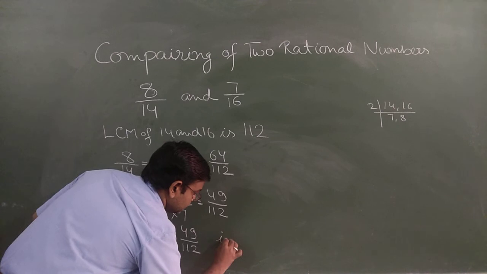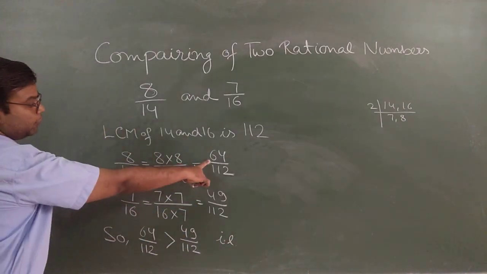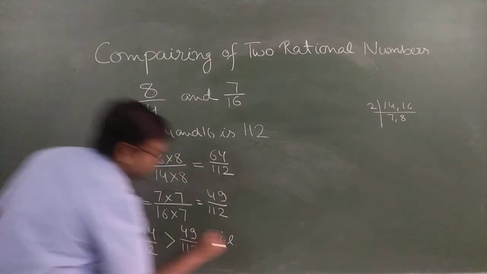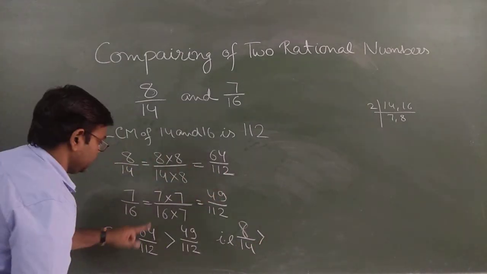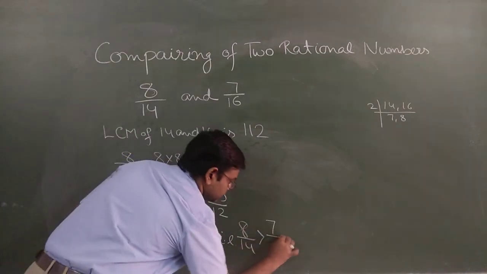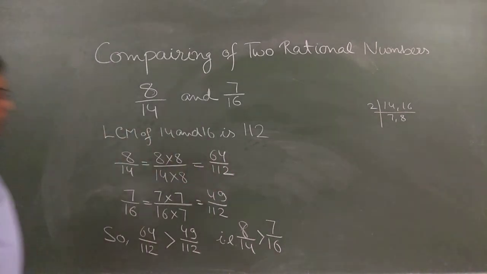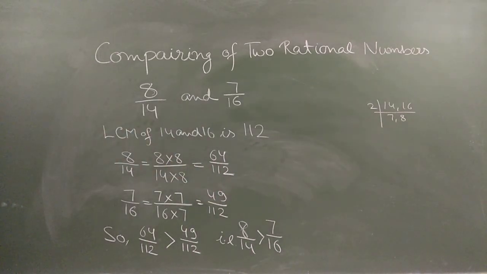That is, 64 upon 112 represents 8 upon 14, so 8 upon 14 is greater than 7 upon 16. Clear? So this is your comparison of two positive rational numbers. Hope this one is easier for you. Now I am going to choose two negative rational numbers.